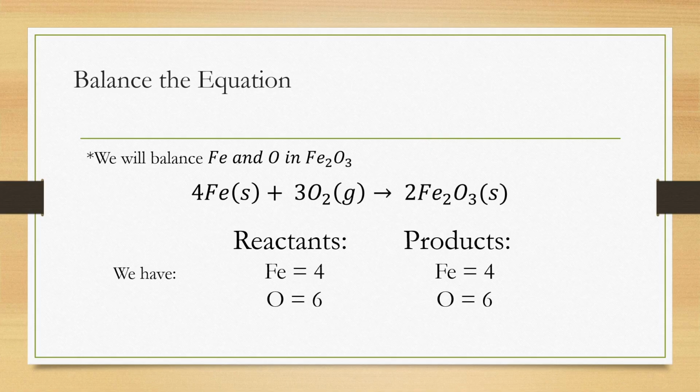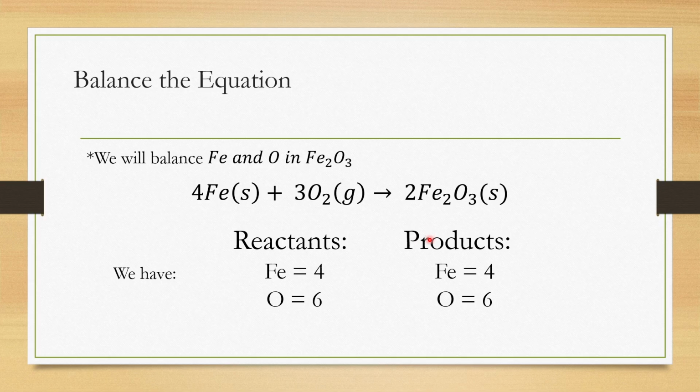In order to balance this equation, we will put a 4 in front of iron, and then 3 is the coefficient for oxygen, and then 2 is the coefficient for iron oxide. So this balances because, as we can see, we have 4 iron on the reactant side, we have 6 oxygen because the 2, and then we have 3 molecules of that O2, which means we have a total of 6 oxygens.